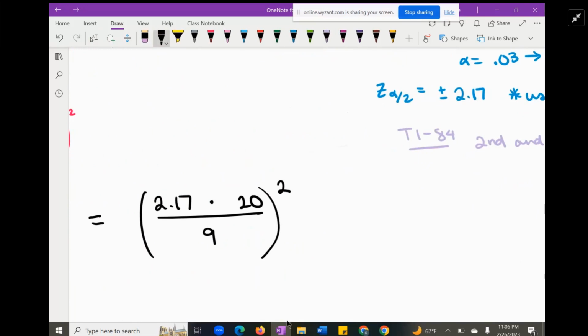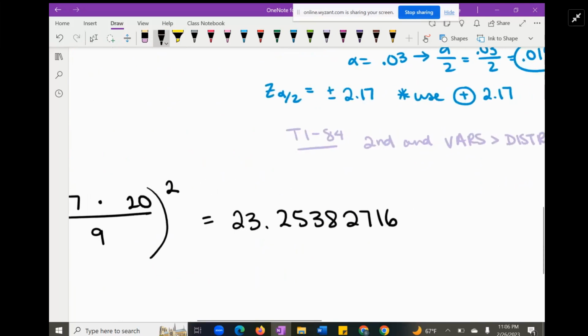Okay, so if you want to pause here, definitely do so. Try it on your calculator, or if you want to do it by hand, go ahead and calculate this for yourself. All right, and we're going to check back in now and see what we get. So when you calculate this, you should have gotten something like 23.2538, and I'm using my TI-84, so it has a pretty long list of digits.